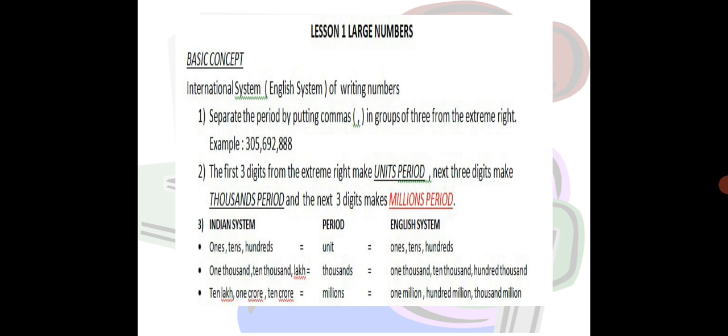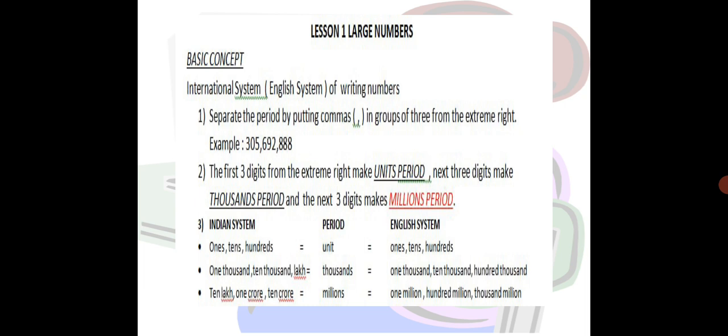In the English system also, ones, tens, hundreds combined are the unit period. Next, Indian system: 1000, 10,000, lakh. Remember that, combined, it is said to be the thousand period.